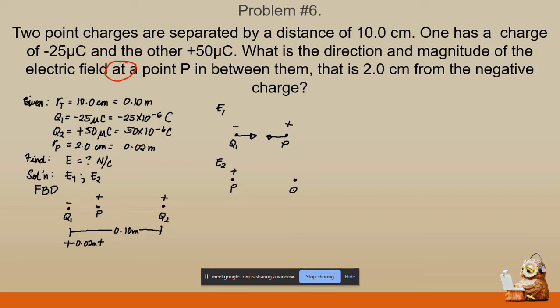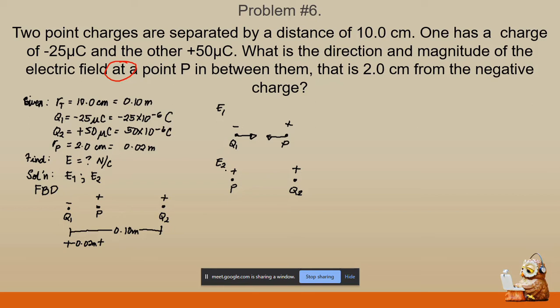So we have Q sub 2 here, and that is also positive. So we are given two positive charges. What will happen? They will repel. So what is the force? Repulsive force, or repulsion. If repulsive, they will move away from each other.